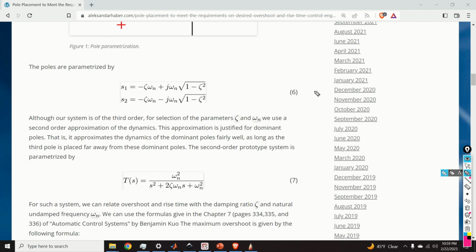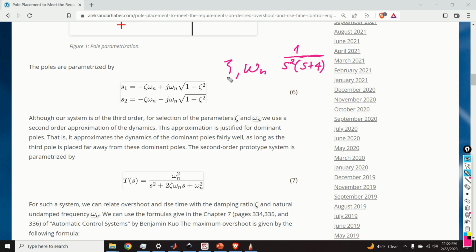Now, here's the main idea of our solution. On the basis of desired transient response specification, that is, on the basis of the desired value of the overshoot and the transient response, we can find zeta and omega n. Now, our original system is of the third order. So we have in the numerator s squared multiplying s plus 4.